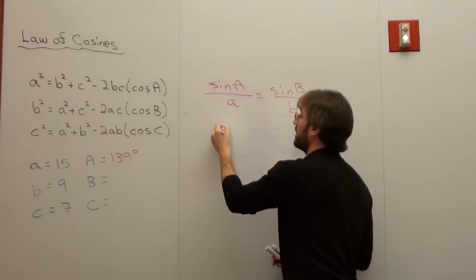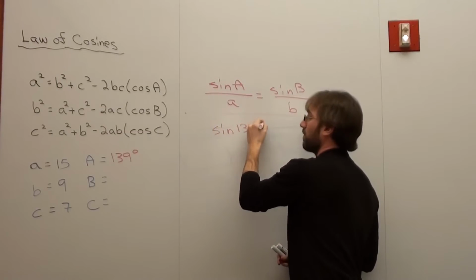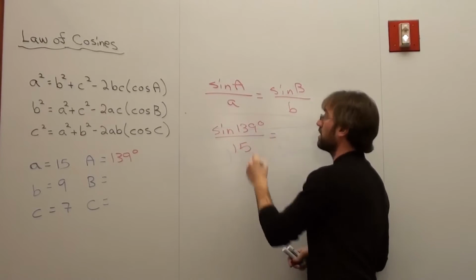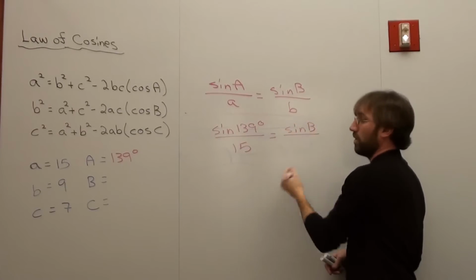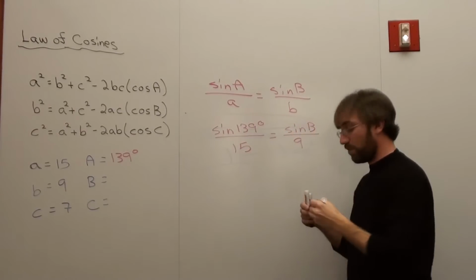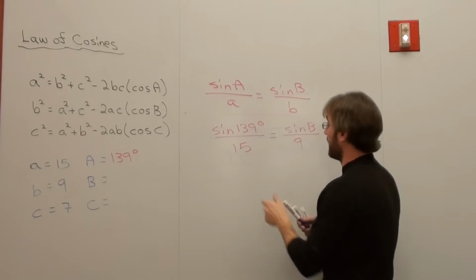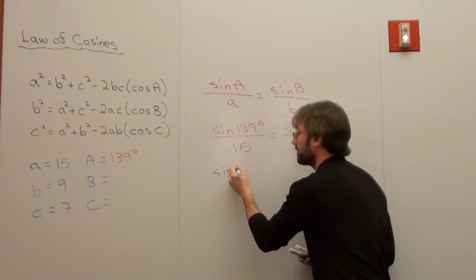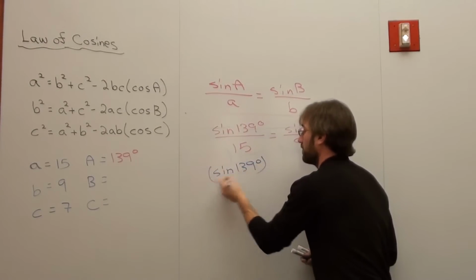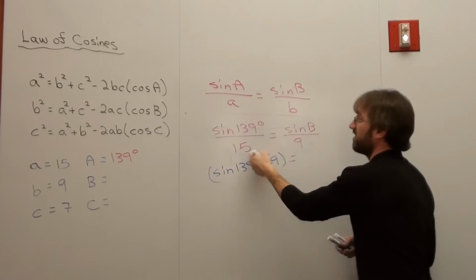Sine of 139 degrees over 15 equals sine of B, which I don't know, over 9. Cross multiply. When I do that, I get 9 times sine of 139 degrees equals sine of B times 15.